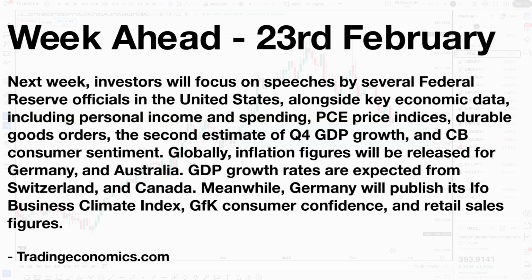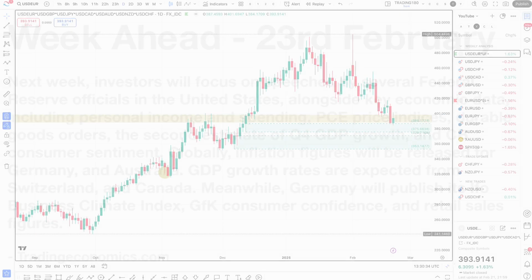Globally, inflation figures will be released for Germany and Australia. GDP growth rates are expected from Switzerland and Canada. Meanwhile, Germany will publish its Ifo Business Climate Index, GfK consumer confidence, and retail sales figures. So, a few things going on. Also, we have the German elections, which I'll get into a bit later.